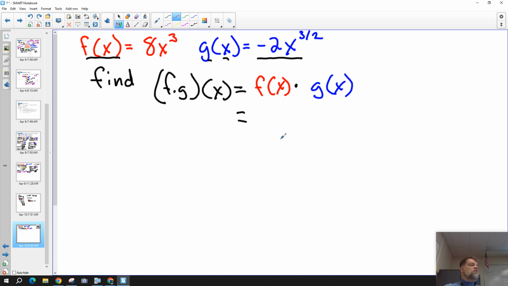So what we're going to do is we're going to say f of x, which is 8x cubed, times g of x, which is negative 2x to the 3 halves.